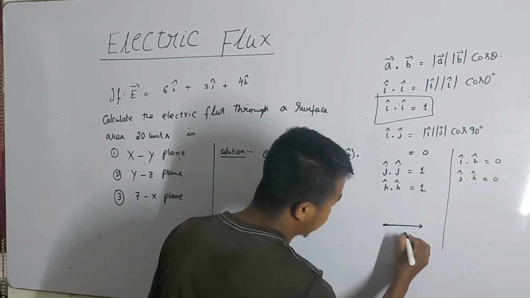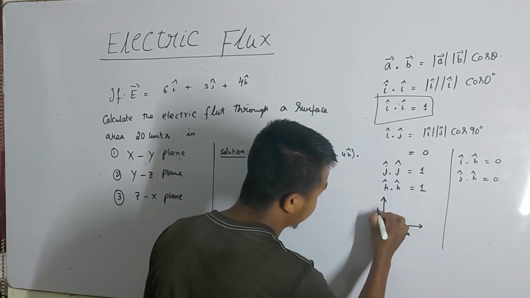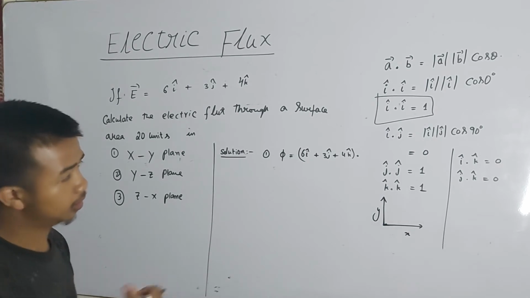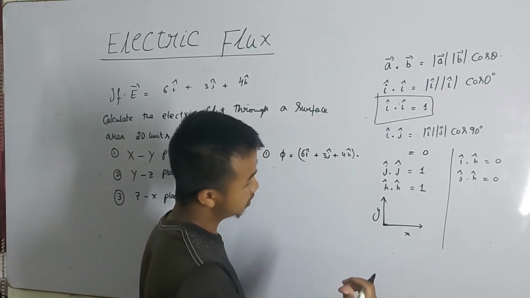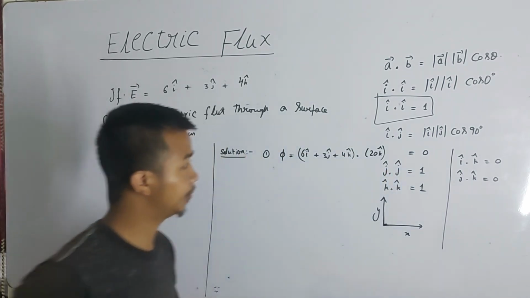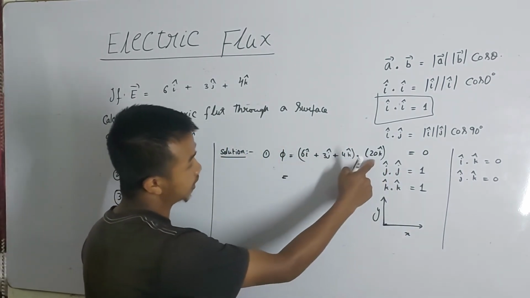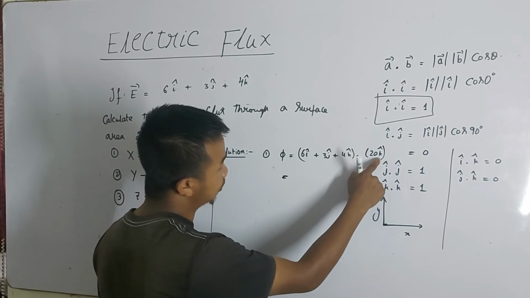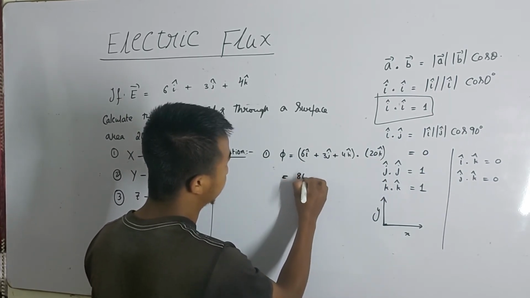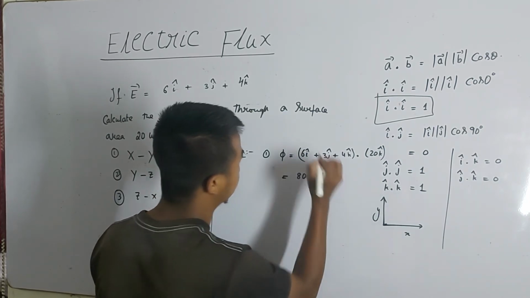If we have this one as x and this one as y, where is the direction of the xy plane? It is along the z direction. So we write 20k. i dot k is 0, j dot k is 0, and k dot k equals 1. So the answer is 80 units.